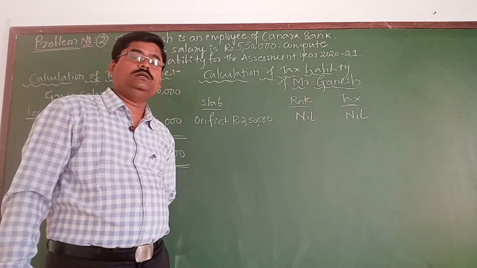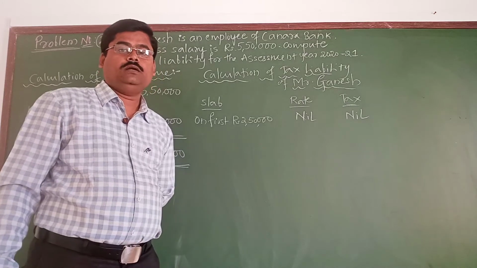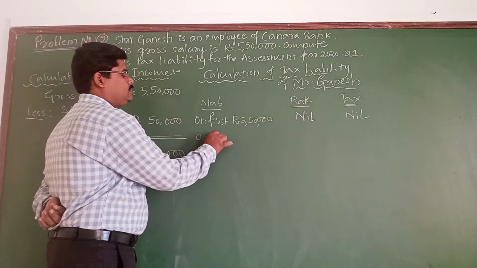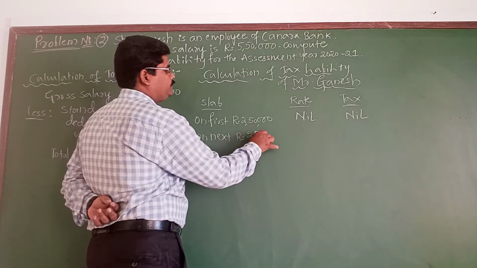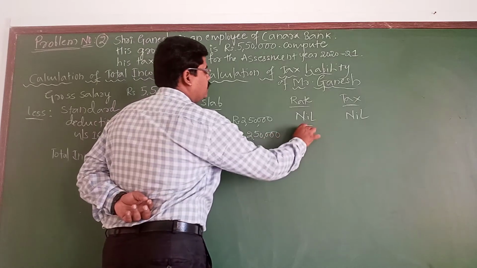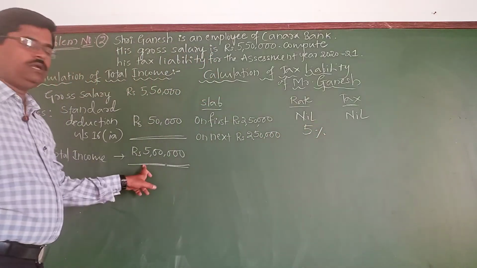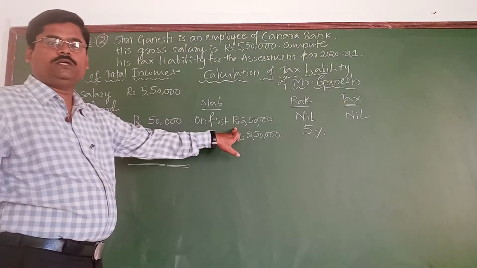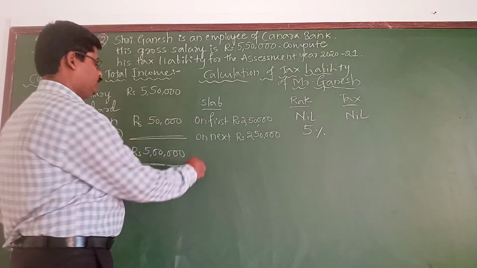Please go through the tax rate which has been given in table 1. On the next rupees 2,50,000, what is the tax rate? 5%. My total income is 5 lakh. On the first 2,50,000 there is no tax.